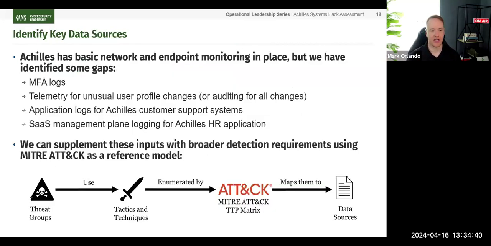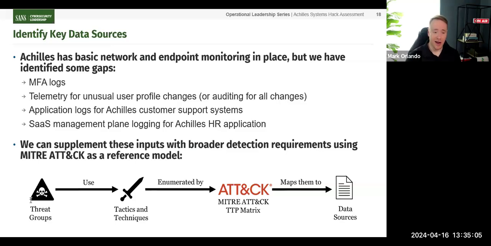So let's talk collection and detection. If we're going to reevaluate our data collection, our logging, our network monitoring, endpoint monitoring, we need to identify what our key data sources are. And again, we want to do that in a way that is informed by what we've learned in this incident and by what we know about the threat landscape at large.